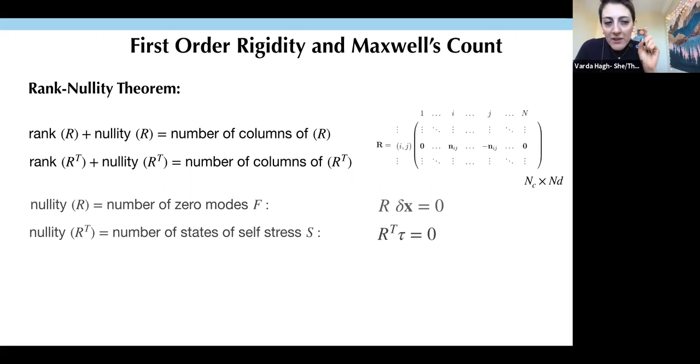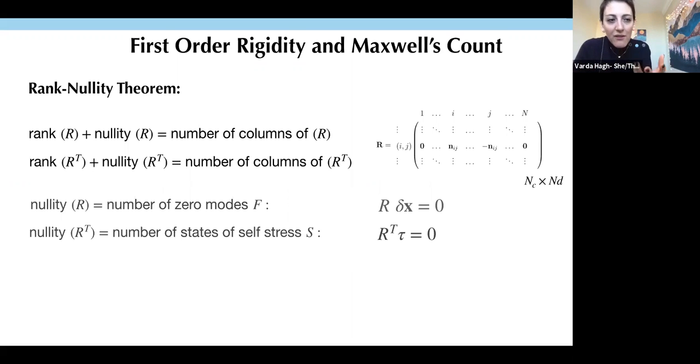Now, I'm not going to talk about the rank of R and rank of R transpose right now and how we can find them, because for any matrix, the rank of R is equal to the rank of its transpose. The maximum rank a matrix can have is the minimum of the number of rows or columns, so no matter if you look at the matrix or its transpose, the number of rows and columns are just switched.